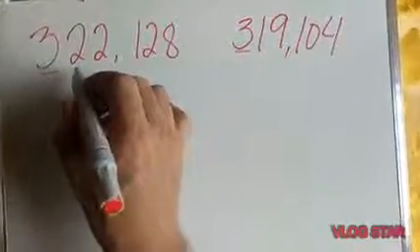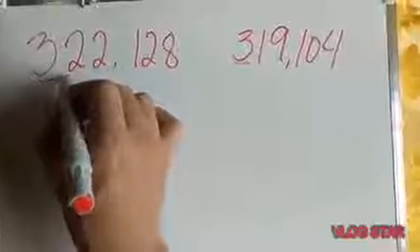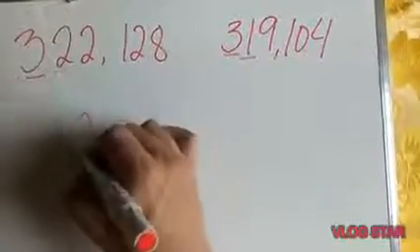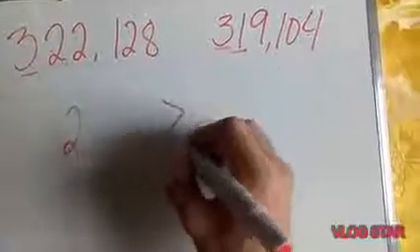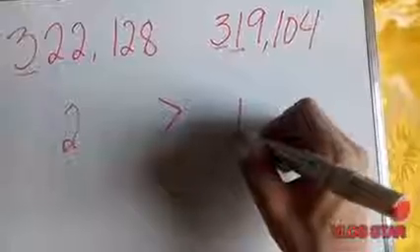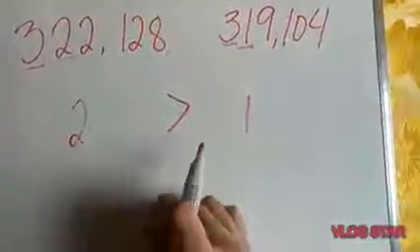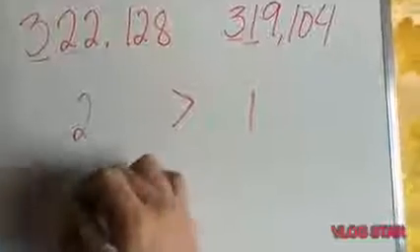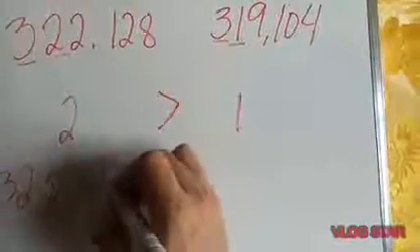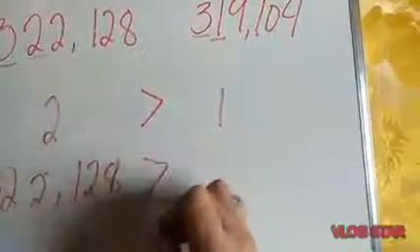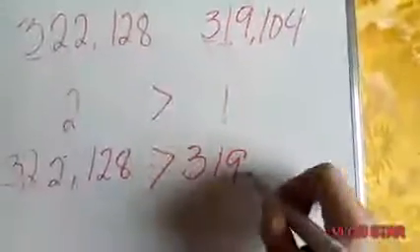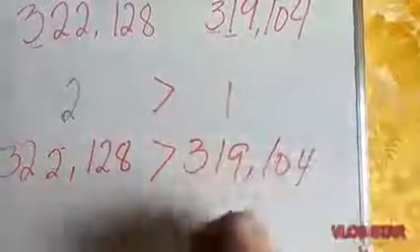Next, let's proceed to 10,000 place. 2 and 1. 2 is greater than 1. Meaning to say, 322,128 is greater than 319,104.